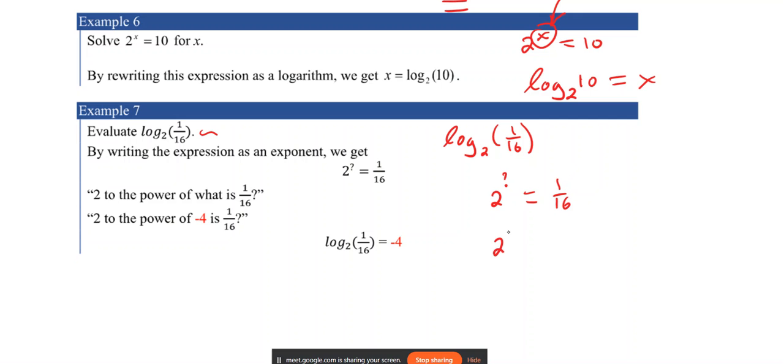What if I went 2 to the power of negative 4, right? 2 to the power of negative 4 is equal to 1 over 16. Because if you remember here, 2 to the power of negative 4 would be the same thing as 1 over 2 to the 4, which is in fact equal to 1 over 16, right? You go 1 to the power of 4 and 2 to the power of 4, so 1 over 16. Okay? All right.